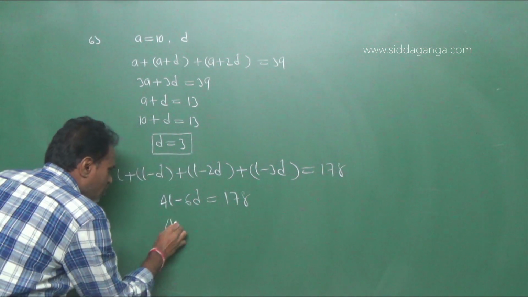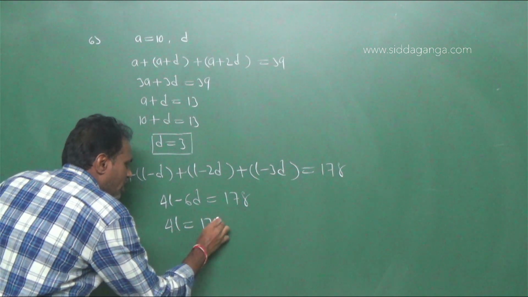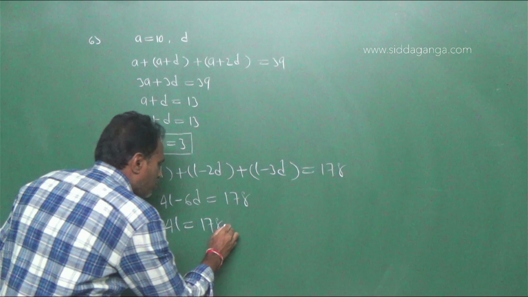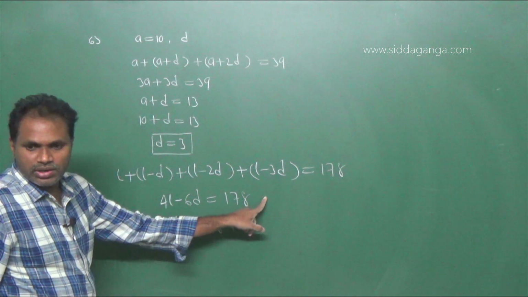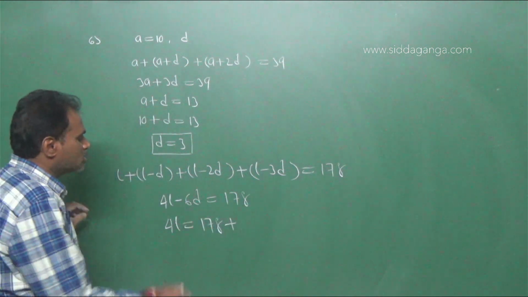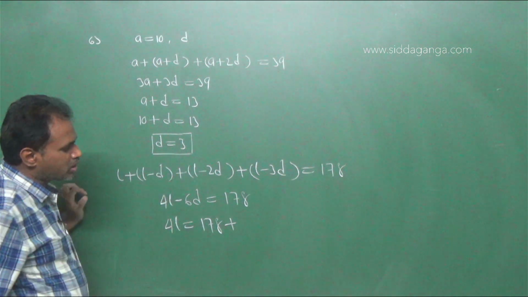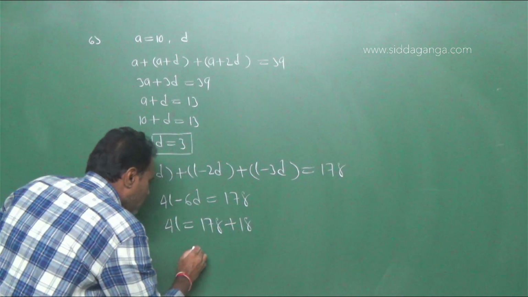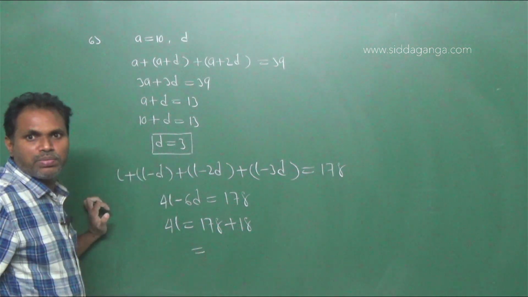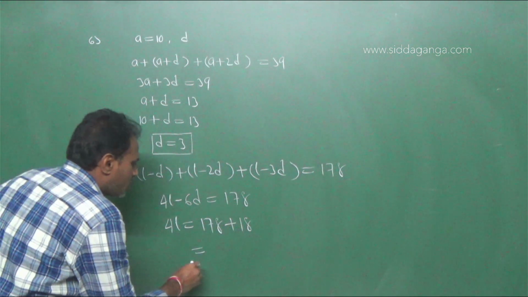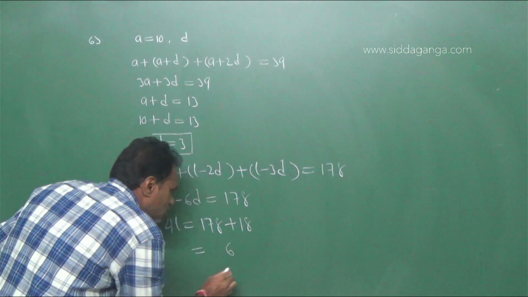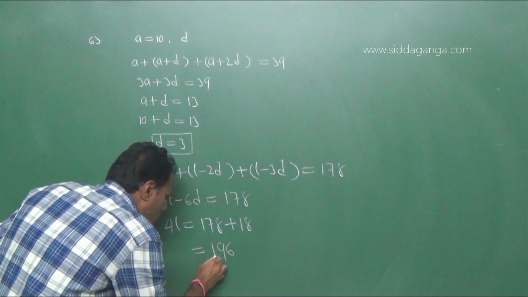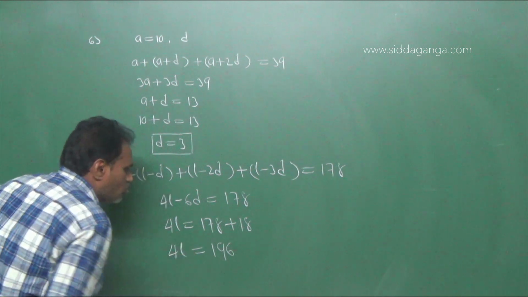Therefore, 4L equal to 178 plus 6D. 6 into the D value, already known, 3, that is 18. So 4L equals 178 plus 18, that is 196.